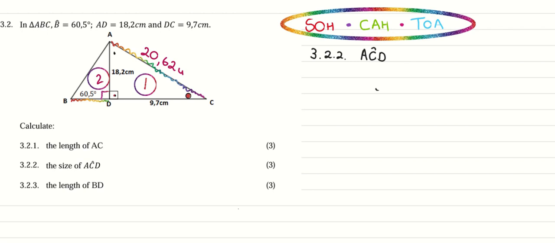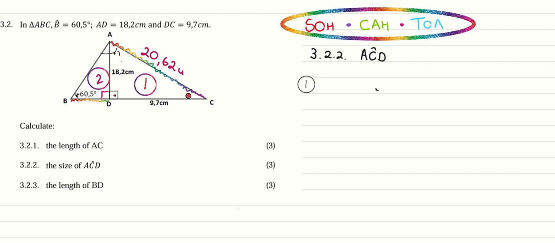So that's one of your options, but that's not feasible because you don't have this angle yet. But angle C is also with the 60.5 and with angle A, but again you don't have angle A, and so using the interior angles of a triangle is not the way to go here. Instead, we need to use rat number 1, and make use of our trig ratios to find angle C.